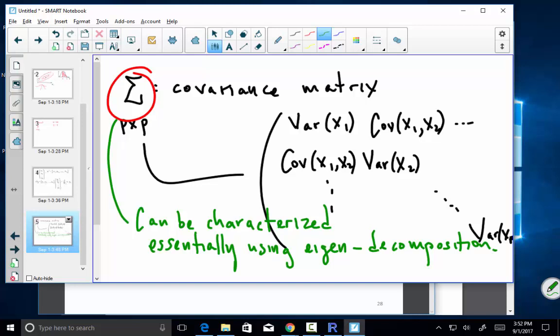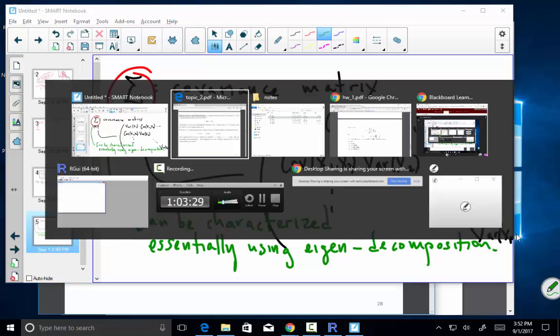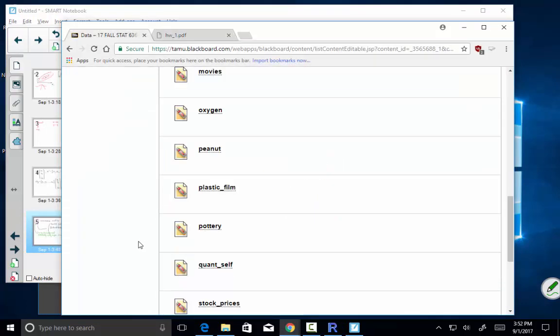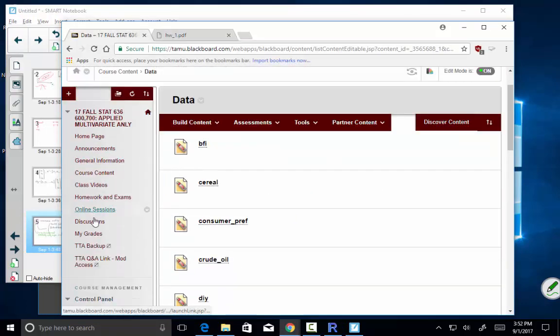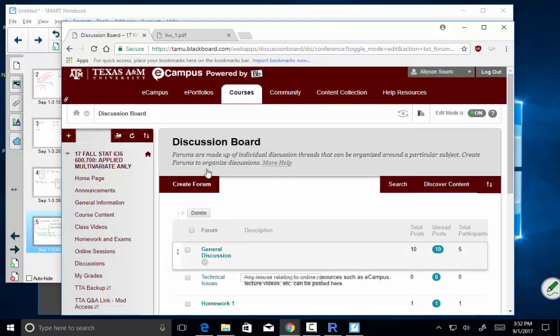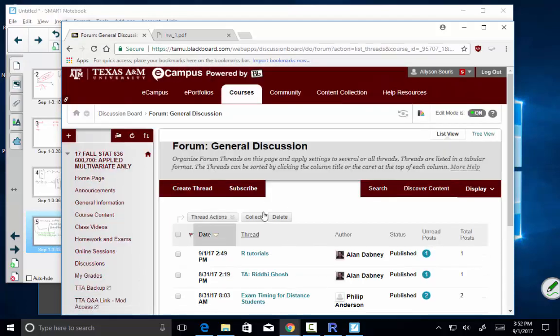One last announcement I forgot to make. I posted on eCampus this afternoon under discussions, general discussion, R tutorials.